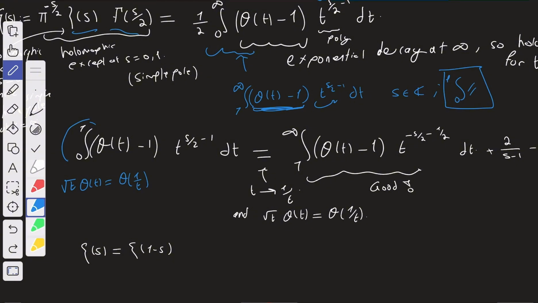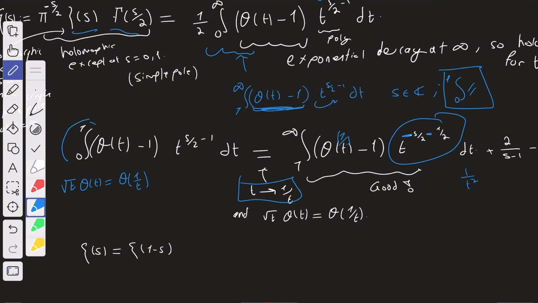If you apply this change of variable, you will have some 1 over t squared term, and you'll be rearranging the terms and the signs, and there is a 1 over t over here.